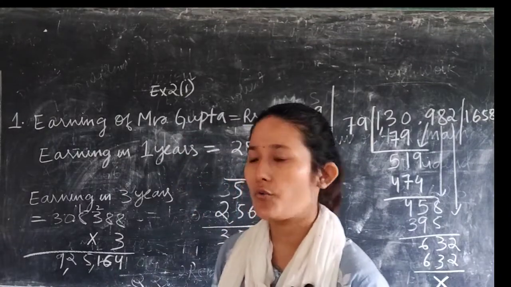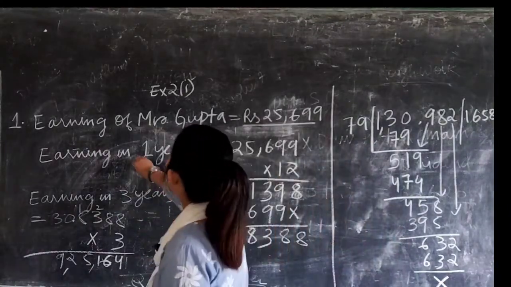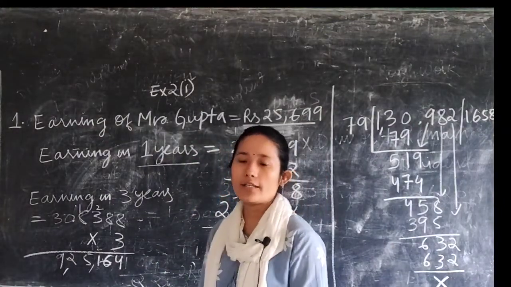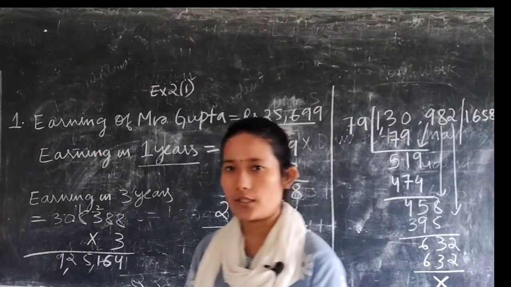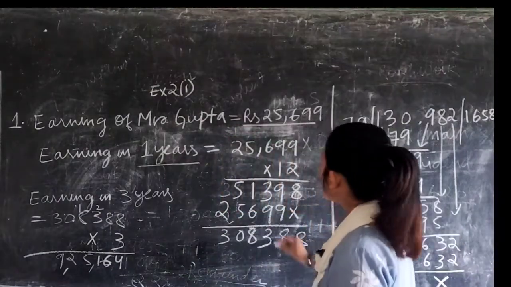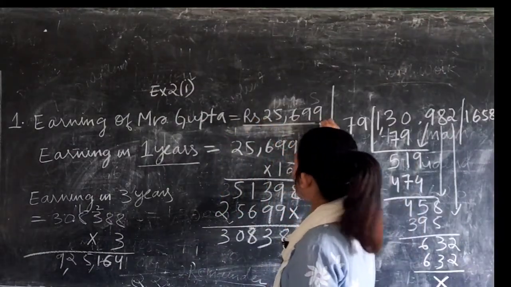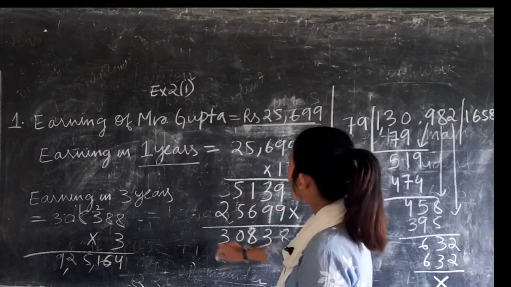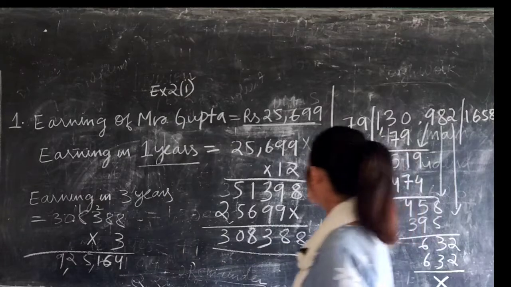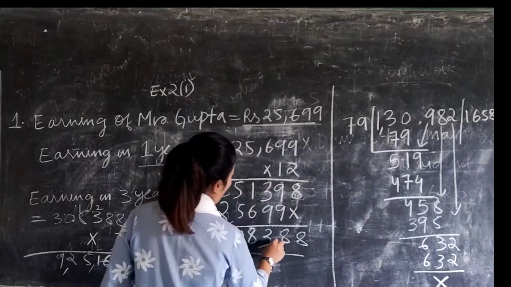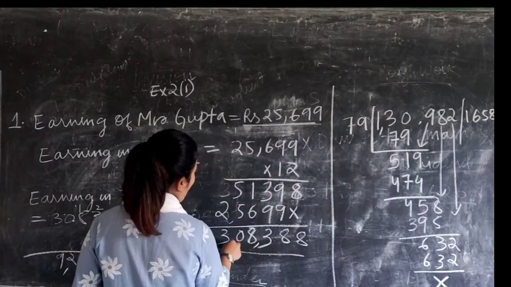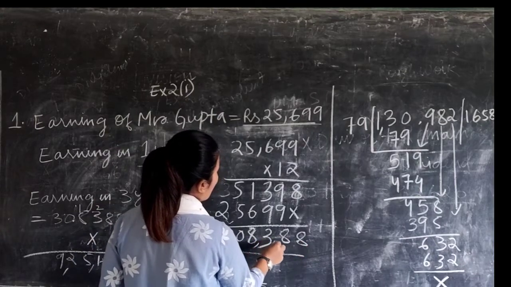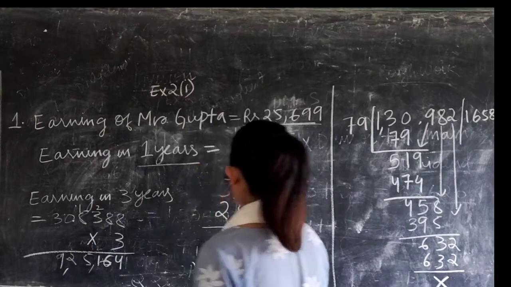So, first of all, we need to find his earning in 1 year. 1 year has how many months? 12 months, right? So, you will multiply his earning per month with 12. You will get the earning of 1 year, that is 3,08,388.